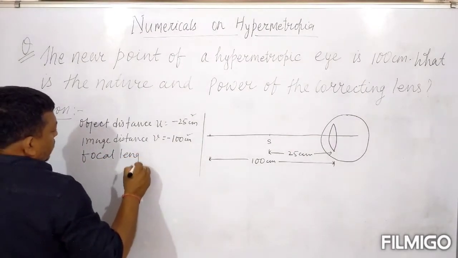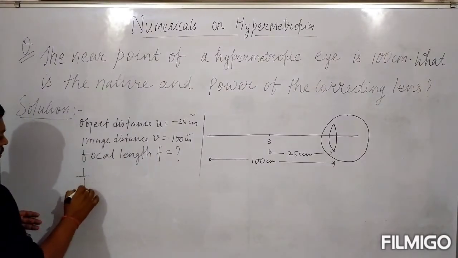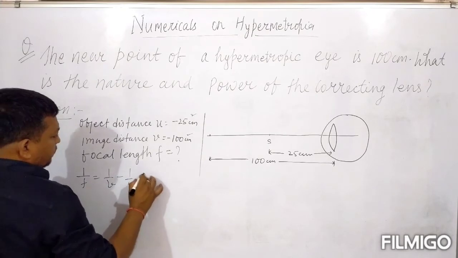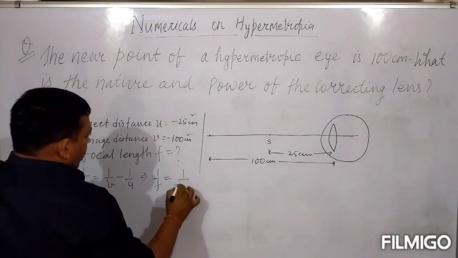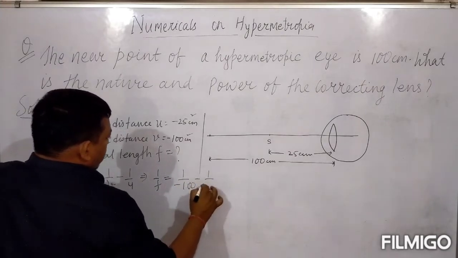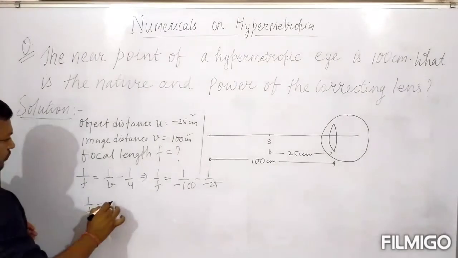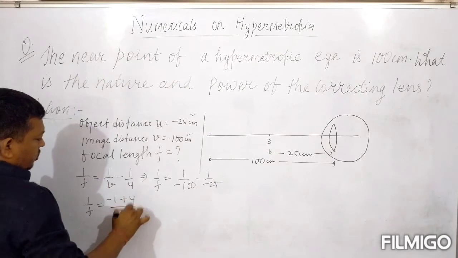Now we have to calculate focal length. Using the lens formula, 1 over f equals 1 over v minus 1 over u. Putting the values, 1 over f equals 1 over minus 100 minus 1 over minus 25. LCM is 100, and this is minus 1, this is plus 4.